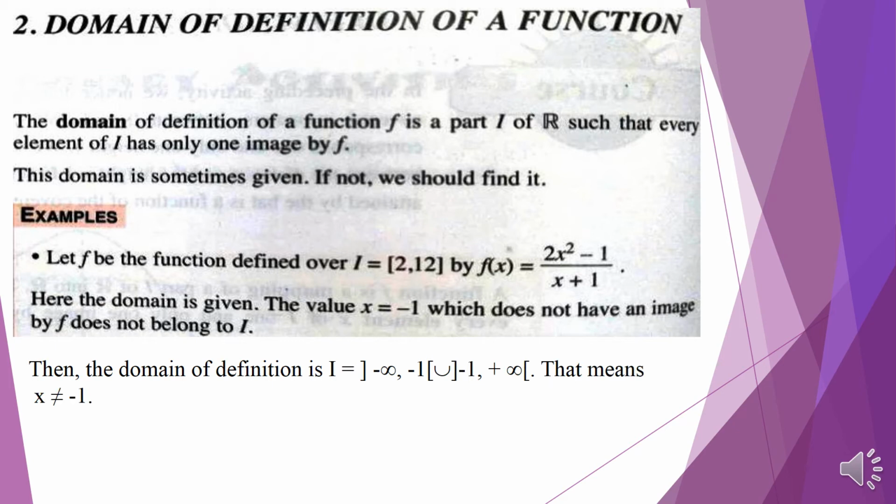In general فرضوا ما كان عاطيني الدومين، قال لي let f be a function defined over I by f of x، يعني نفس الجملة هي ذاتها بس ما اعطاني الانترفال 2 to 12.